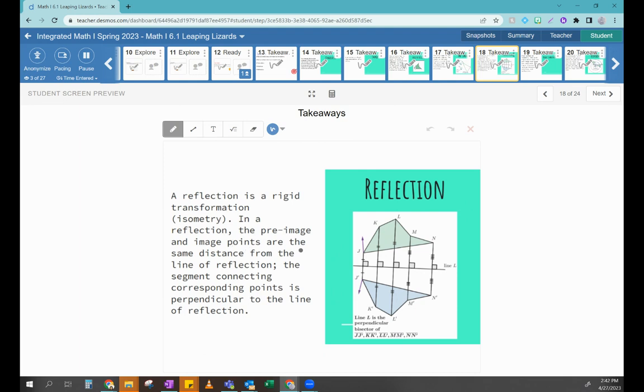In a reflection, the pre-image and image points are the same distance from the line of reflection, and the segment connecting corresponding points is perpendicular to the line of reflection. So these lines are perpendicular to your line of reflection. That's why there's a little right angle mark right here.